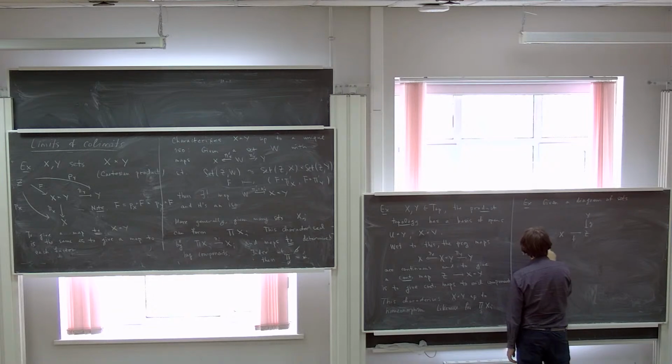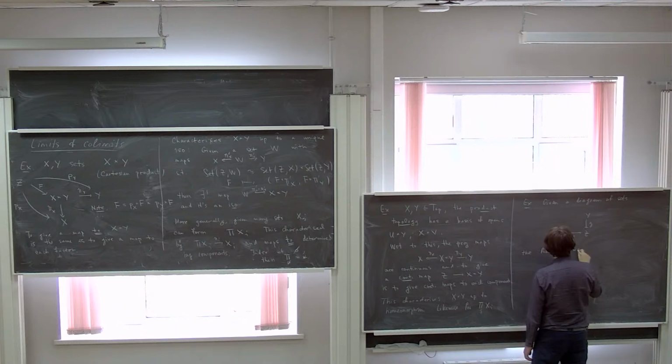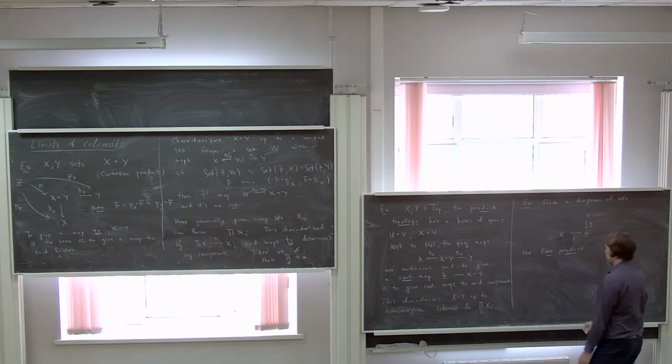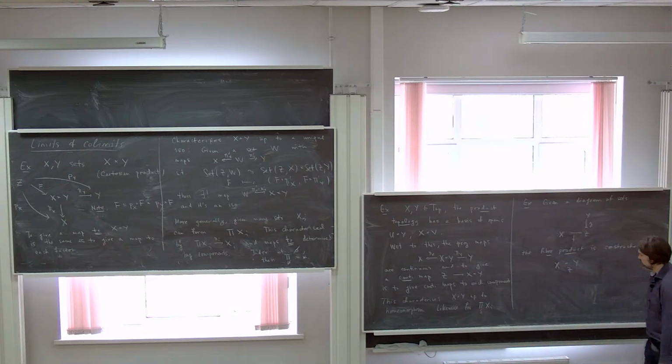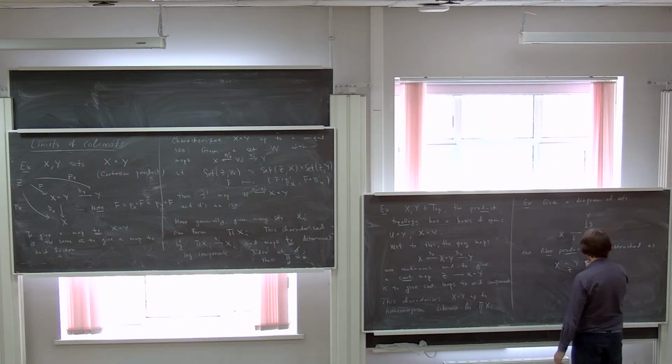The fiber product, you may or may not have seen this before. The fiber product as a set is constructed. So this doesn't characterize it. This is just the construction, and then we'll characterize it. So the notation is X cross Y over Z. So the maps from X to Z and Y to Z are implicit in the notation.